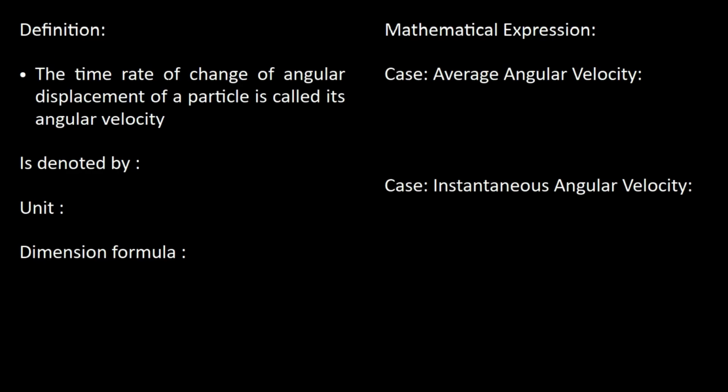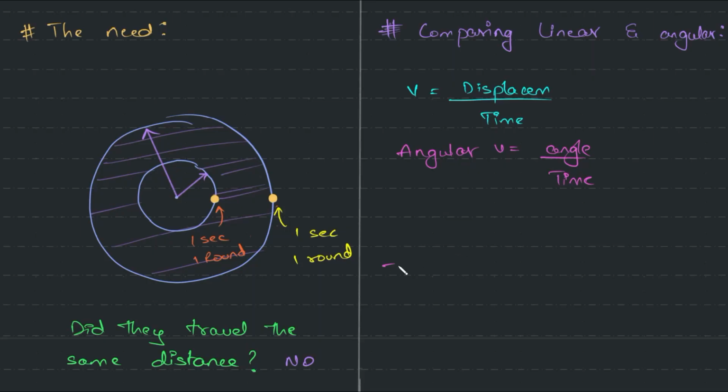So as a definition, the time rate of change of angular displacement of a particle is called its angular velocity. It is denoted with omega. Right?